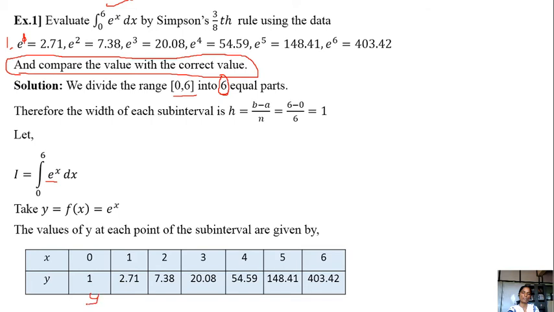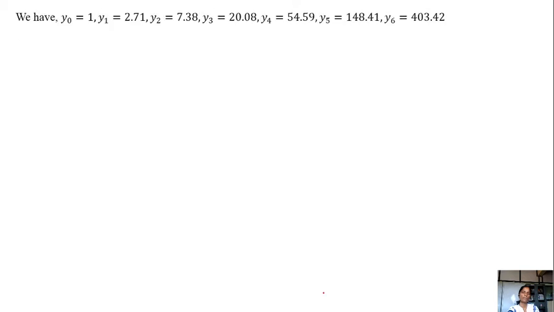So the initial argument gives y0, then y1, y2, y3, y4, y5, and the last is y6.